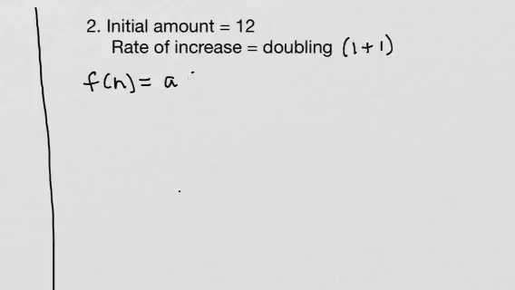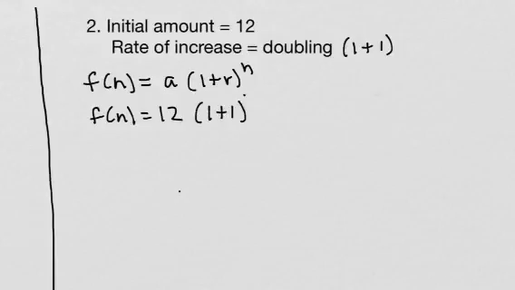So the function would look like this. Initial amount times 1 plus r to the n. So that would be, initial amount would be 12, times 1 plus 1 to the n, so that simplifies to f of n equals 12 times 2 to the n.